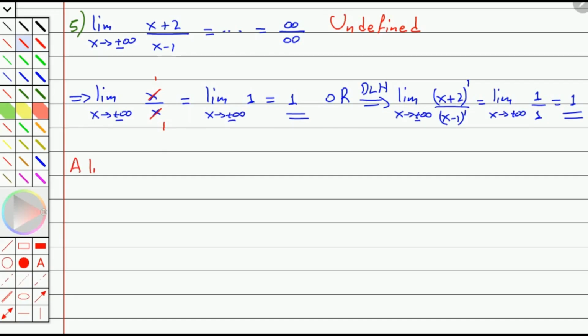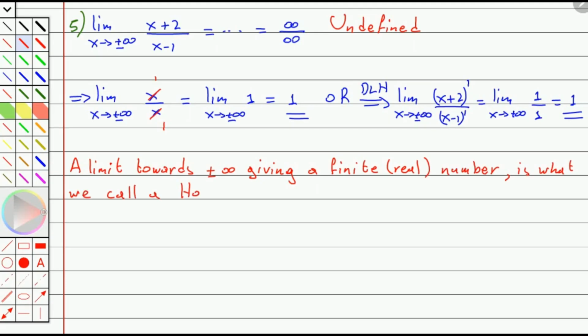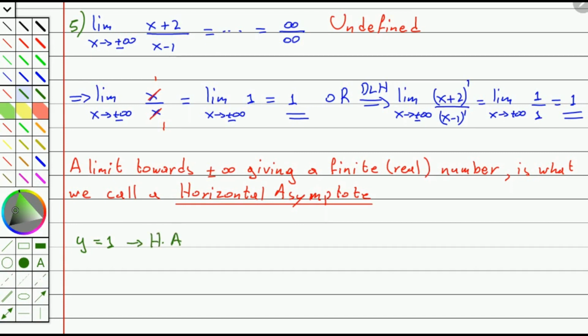So a limit towards plus or minus infinity giving a finite or real number is what we call a horizontal asymptote. And so y equals 1 is a horizontal asymptote.